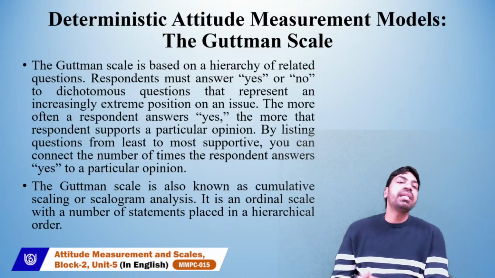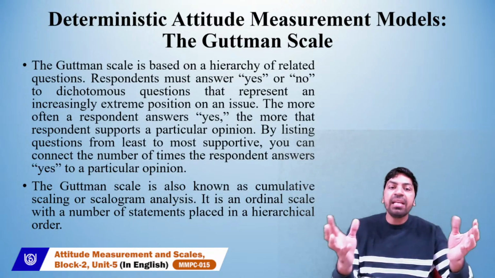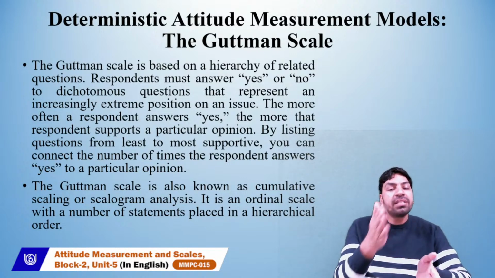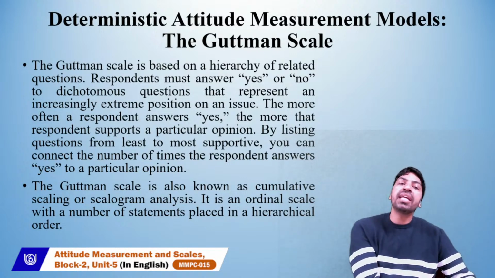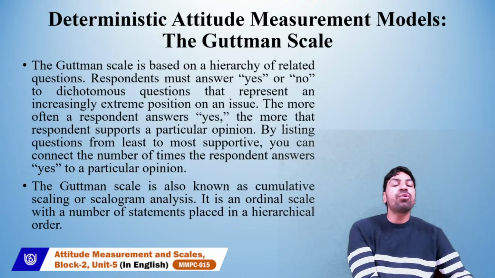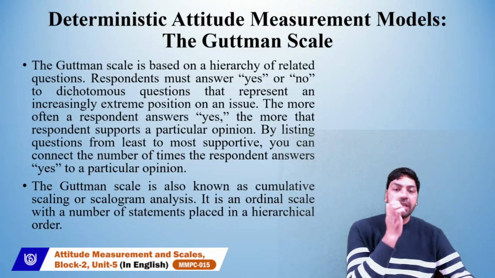Now, what is the Goodman scale? The Goodman scale is based on a hierarchy of related questions, and such a scale is identified with yes or no answers to deterministic questions that represent increasingly extreme positions on an issue.